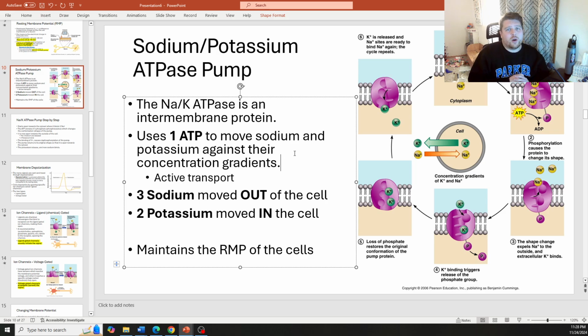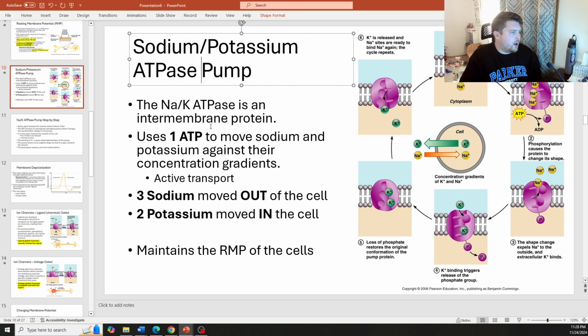When we have to go against that, we need to use extra energy to force that to happen. That's called active transport. So the sodium-potassium ATPase pump, anything that uses ATP to move stuff, is active transport.